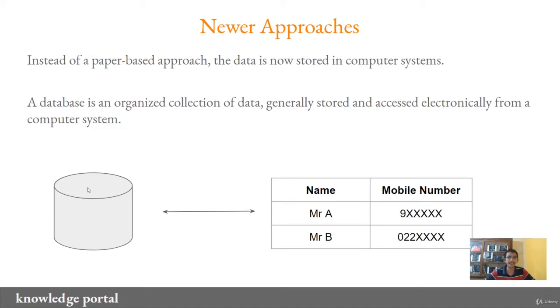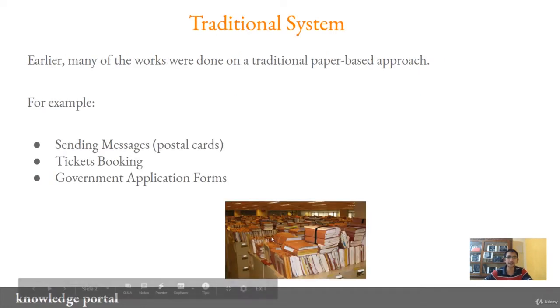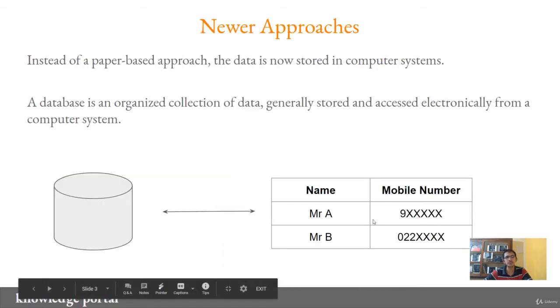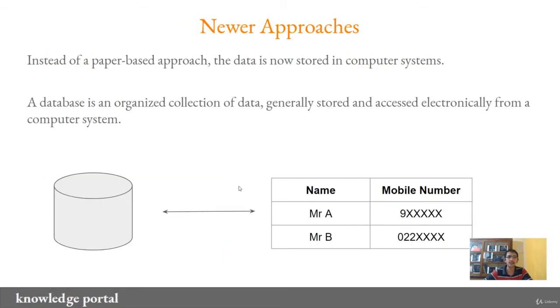So you have a database, and inside the database you have all of the data that is being stored. The basic concept is that instead of storing everything in a paper-based approach, you move digitally. And once you have the data digitally, then you can perform incremental backups for the overall redundancy of your data.